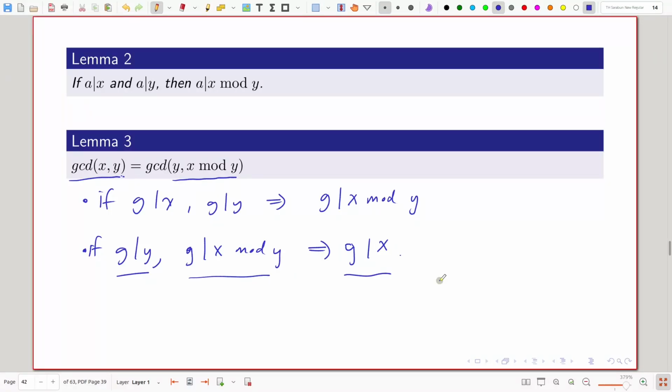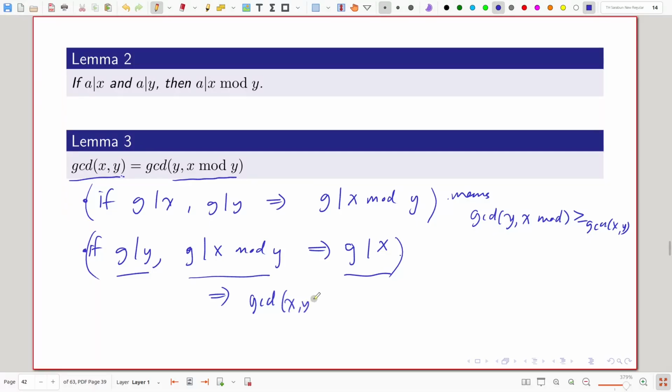So I'm going to go really briefly through this. The first argument implies that the GCD of y and x mod y is at least GCD(x, y), and the second one implies that the GCD of x and y is at least the GCD of y and x mod y.